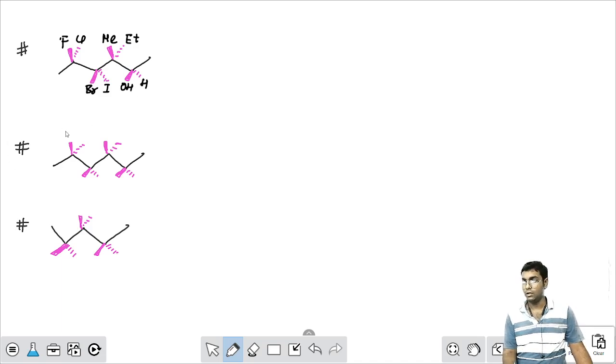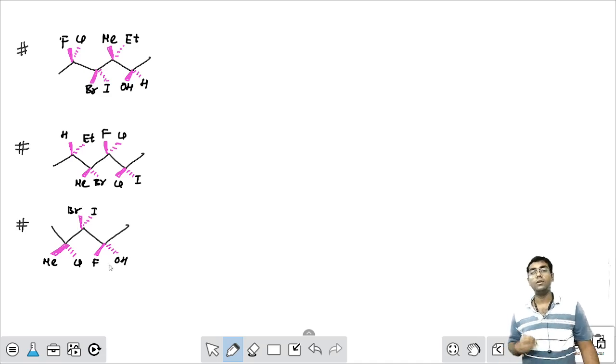Okay, fine. This is hydrogen, this is ethyl, this is methyl, bromine, fluorine, chlorine, chlorine, iodine. Like this way, this is methyl, this is chlorine, this is bromine, iodine, F, and OH.